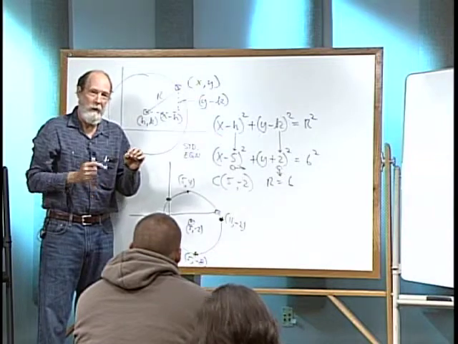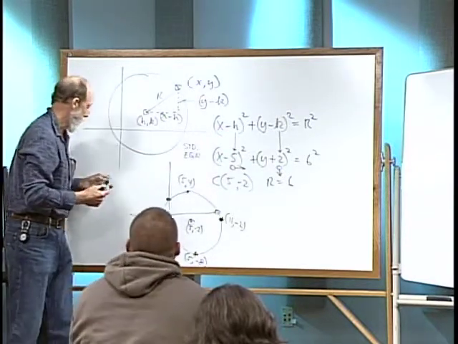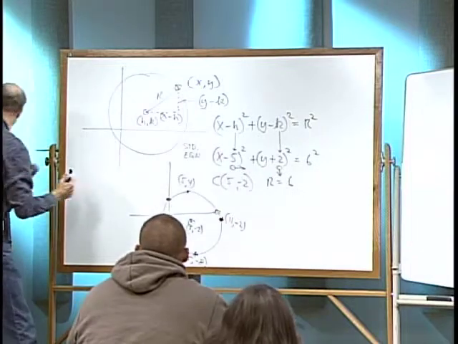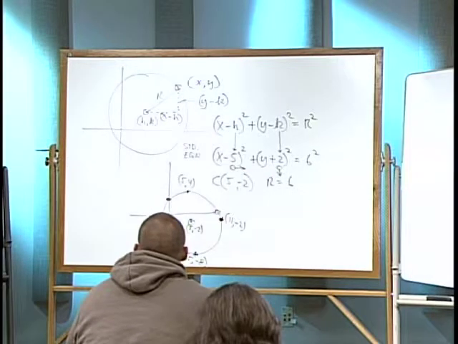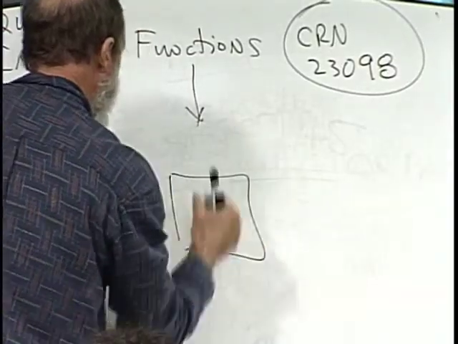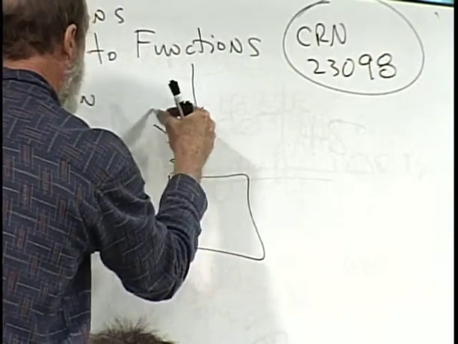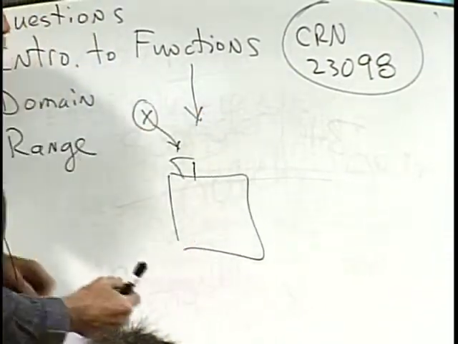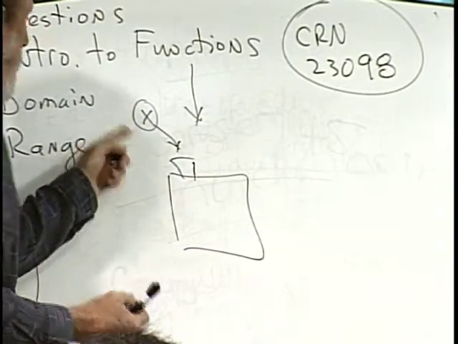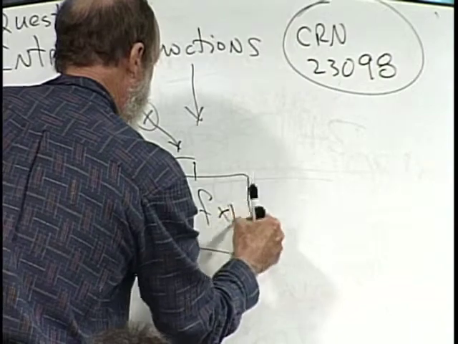You can think of a function as a machine, a very simple machine, where there's something called an input, which we typically call x, and it goes through some process, and I'm going to call that f of x.